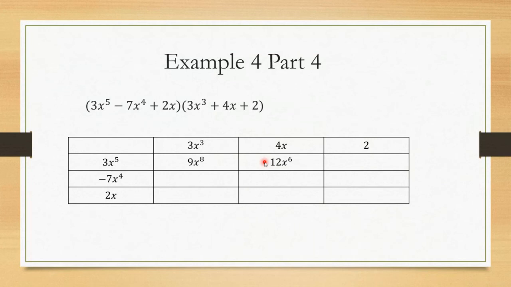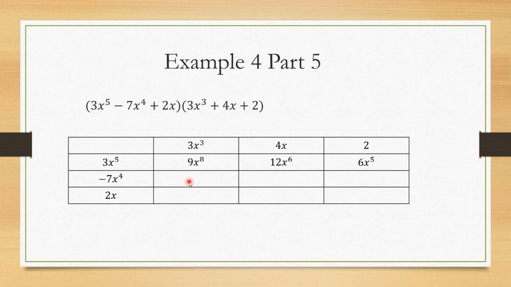So for the next one, 3x to the 5th times 2, that's just 6x to the 5th, right? There's no variable here, so the variable here, we just leave alone. Here, we have minus 7x to the 4 times 3x cubed. That's going to be minus 21x to the 7.